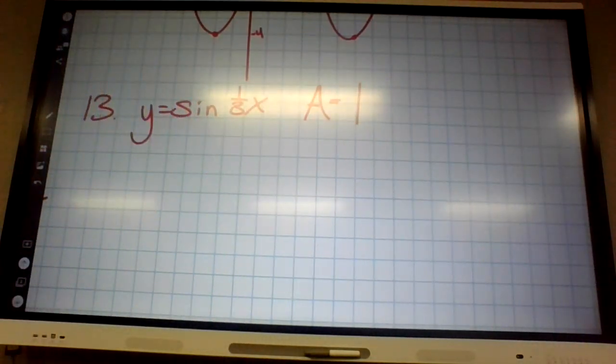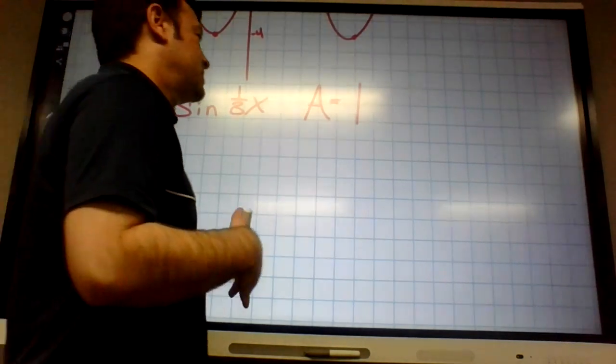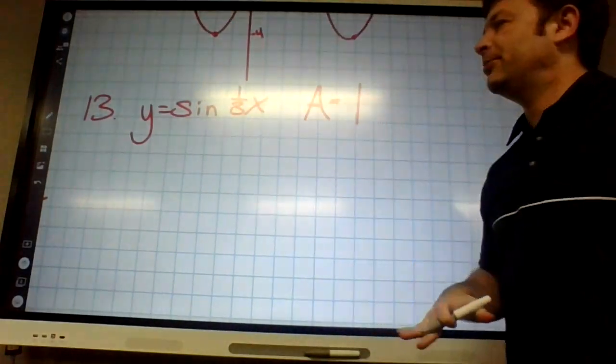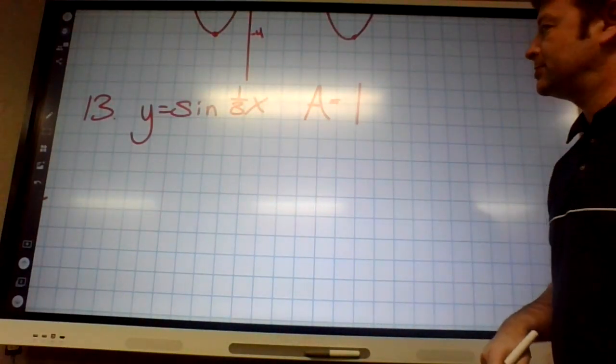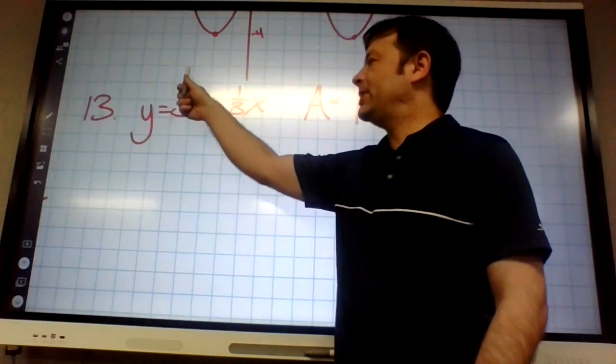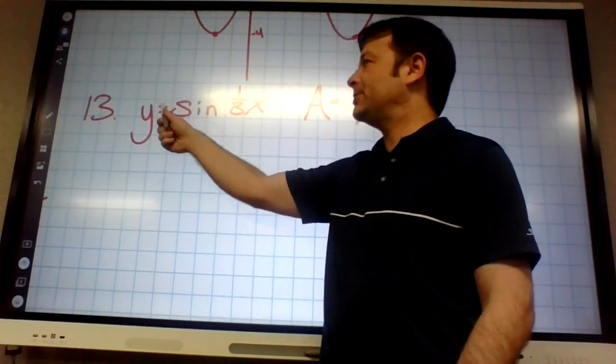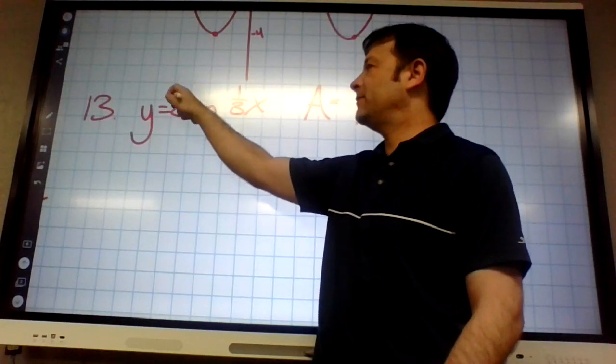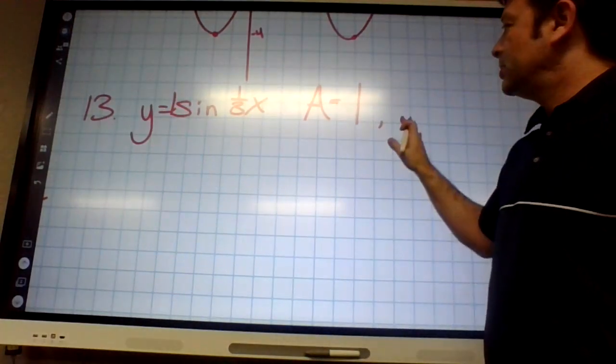Remember on 1 and 2 when the graph of sine and cosine just went up and down 1? The amplitude is not the height, it's how much it goes up and down from the middle. Since there's no number on the front, basically the number on the front tells you the amplitude. So it's kind of like an invisible 1 right there.